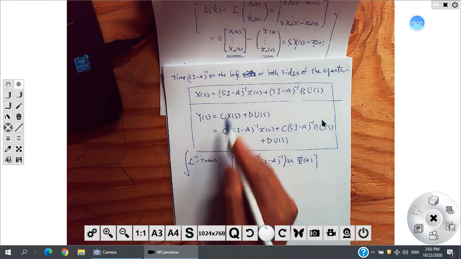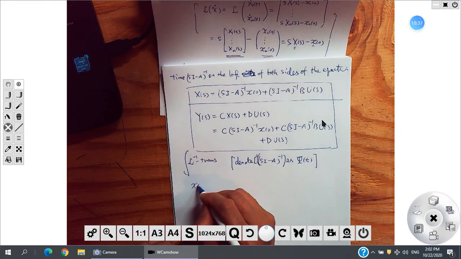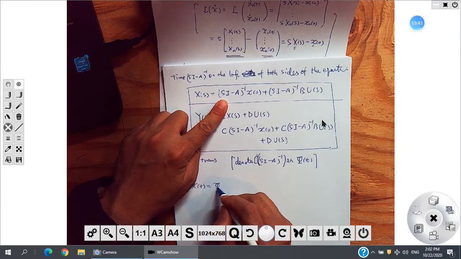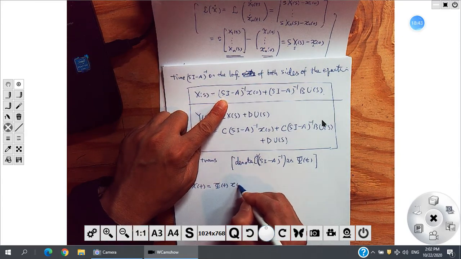Then we have x(t) will be phi(t) times x(0), right?